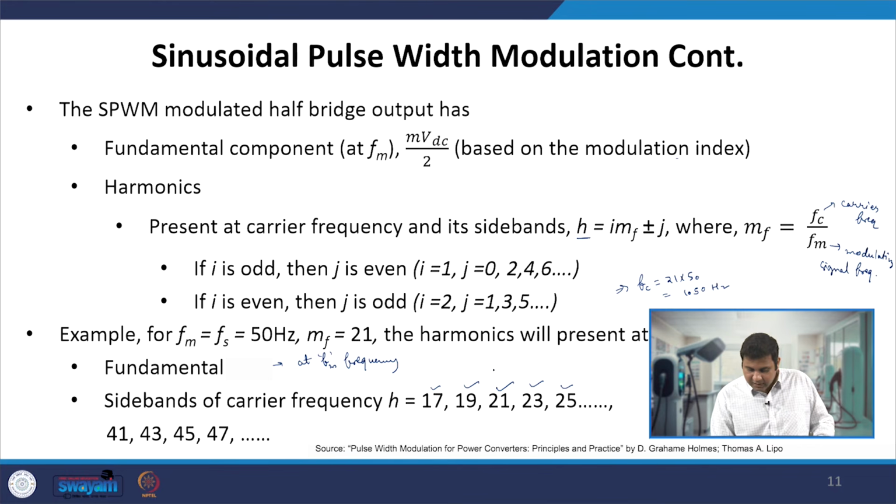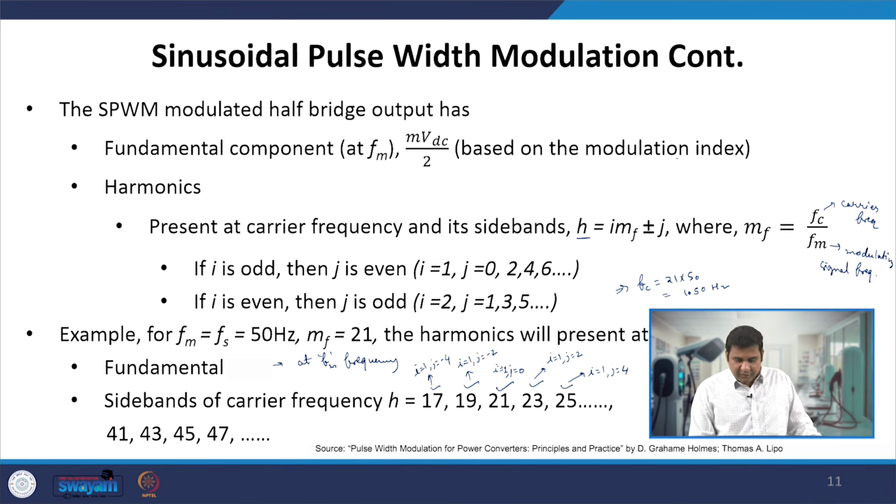So this is at I equal to 1, J equal to 0; this is at I equal to 1, J equal to 2; this is at I equal to 1, J equal to minus 2; this is at I equal to 1, J equal to 4; and this is at I equal to 1, J equal to minus 4.